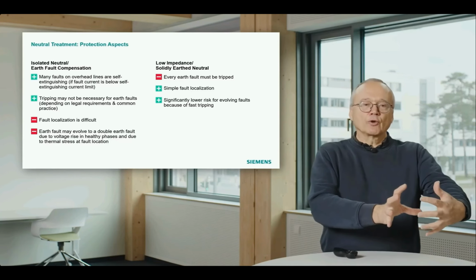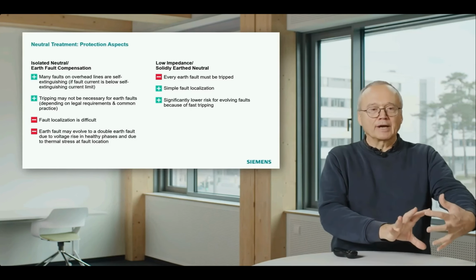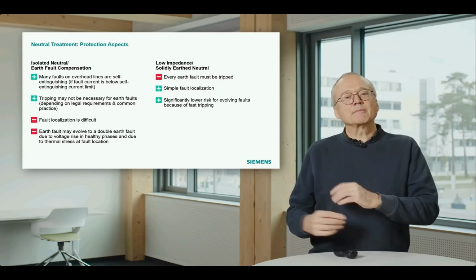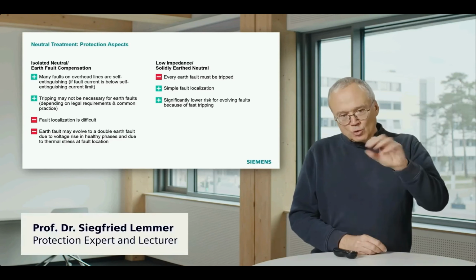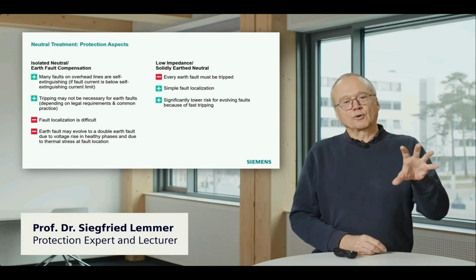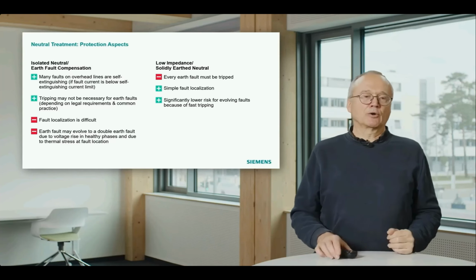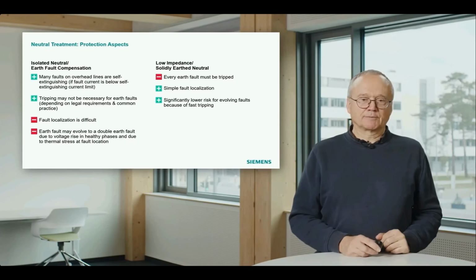For instance, if you convert a system from a pure overhead line system more into a cable system, then you lose some advantages of earth fault compensation. So it may make sense to think about the star point treatment.